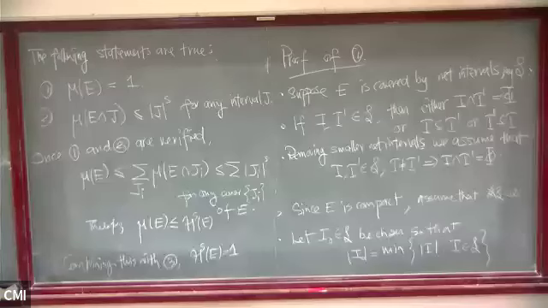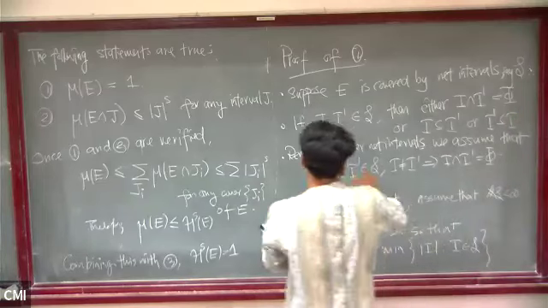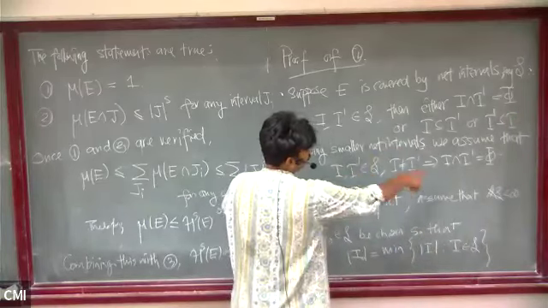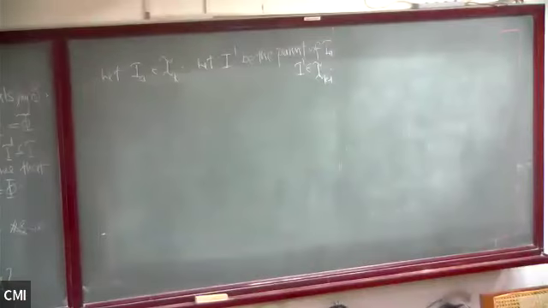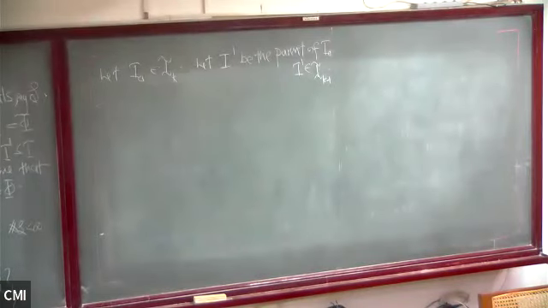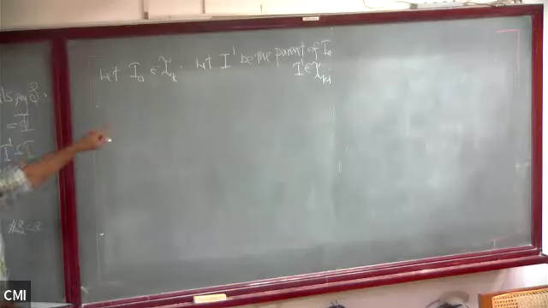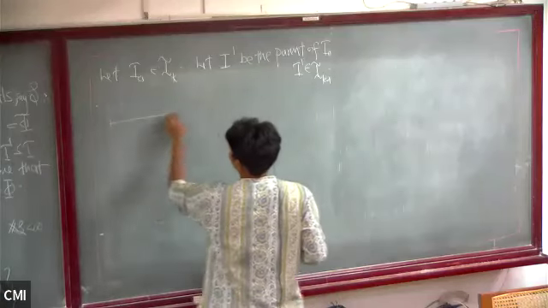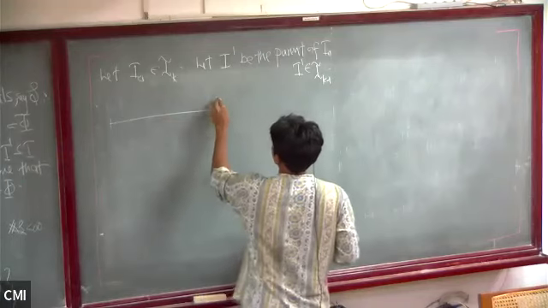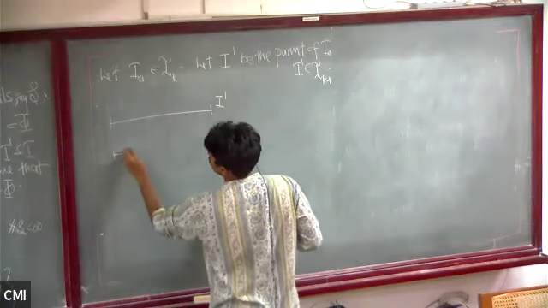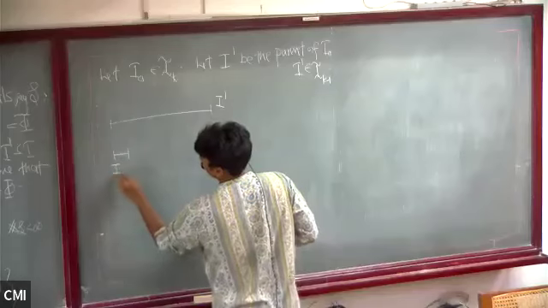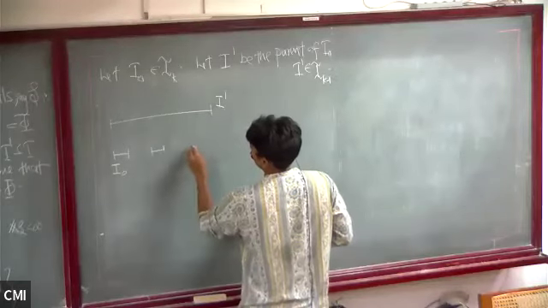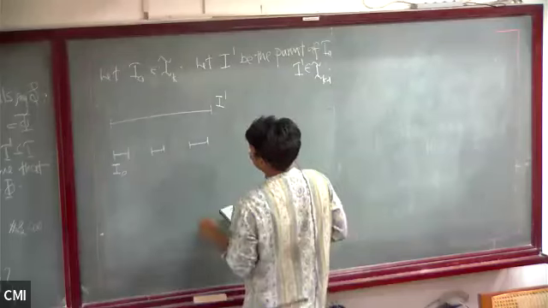And since I have assumed that distinct intervals must be disjoint from each other, and since this collection forms a cover for my set E, I can immediately see that every other child of I prime must be there in the collection curly S. If this is I prime and say this is my I naught, then there are the other children of I prime.